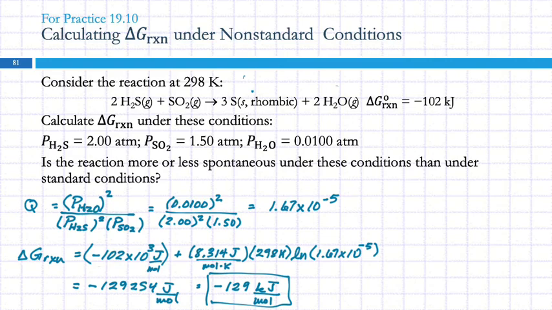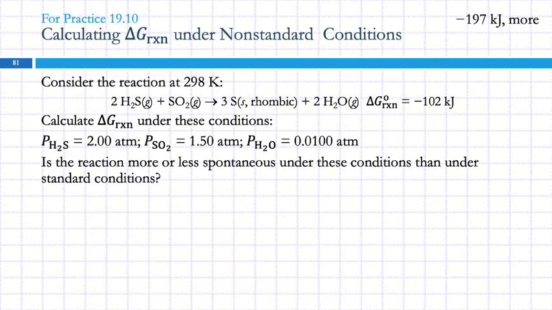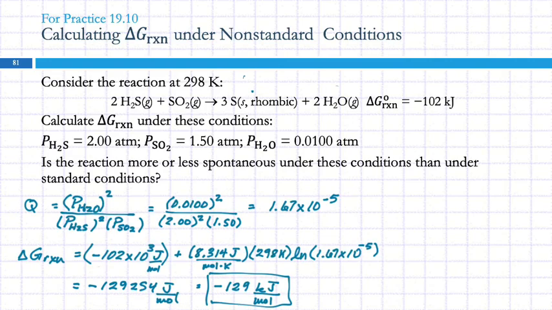So that'll be more spontaneous. That's not the number I got. What did I do wrong? Of course, I might have typed the answer wrong. You guys get 129? Okay, we'll go with that.